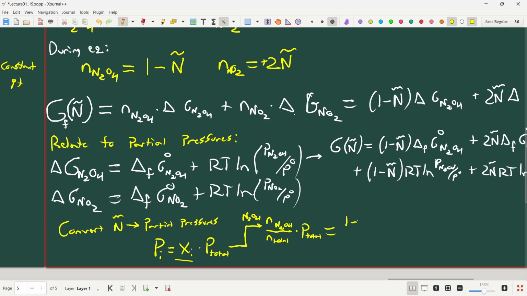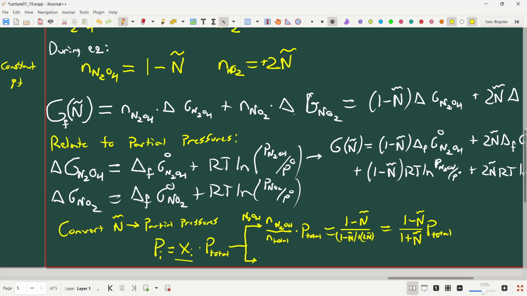That is (1 minus ñ) divided by the sum of the moles, which is 1 minus ñ plus 2ñ, which is (1 minus ñ) over (1 plus ñ), times P total. Okay, so that's for N2O4, and for NO2 it's the same idea. We have 2ñ over (1 plus ñ) times P total.